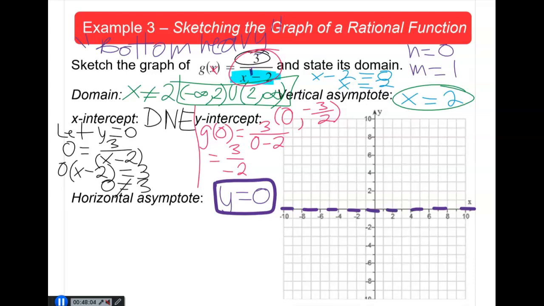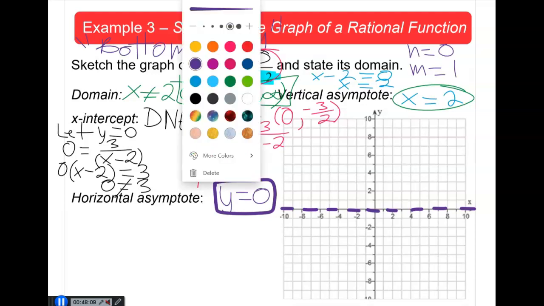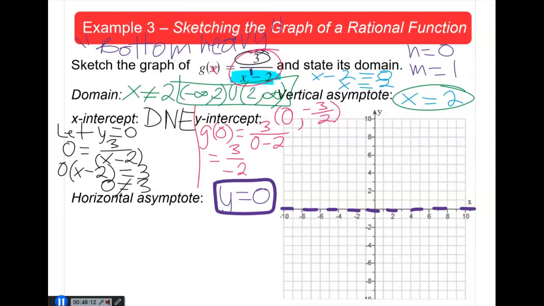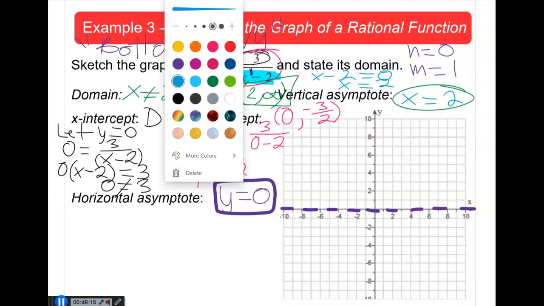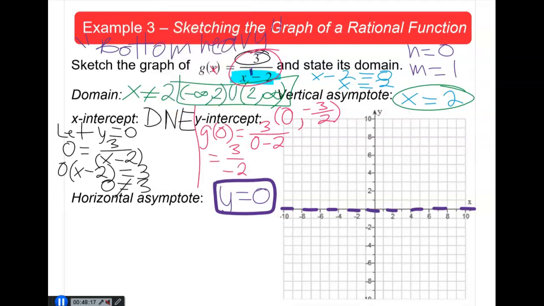And then the vertical asymptote is going to be this line, x equals 2. And when you graph this on WebAssign, make sure that you make your asymptotes dashed lines, not solid. Because if you make them solid, the program will count them as wrong.